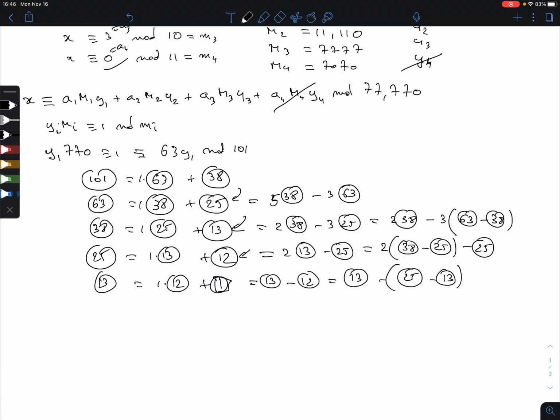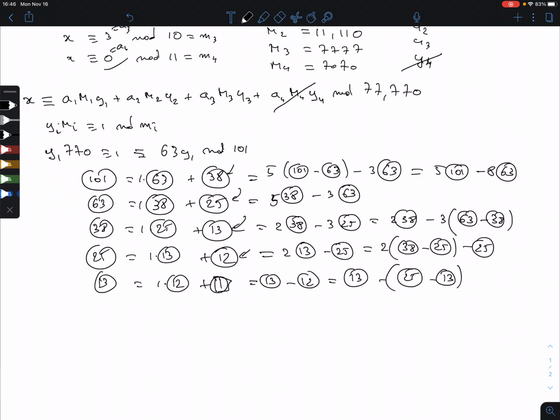And then finally, I can replace the 38 by using this one: 5 times (101 minus 63) minus 3 times 63. So this is 5 times 101 minus 8 times 63.